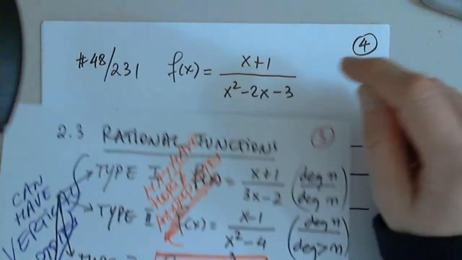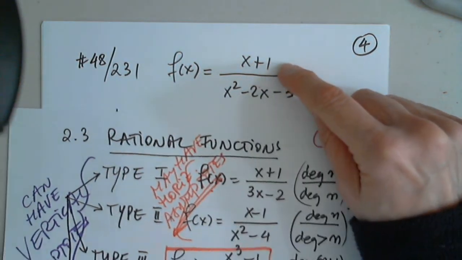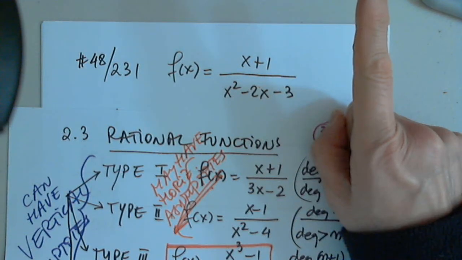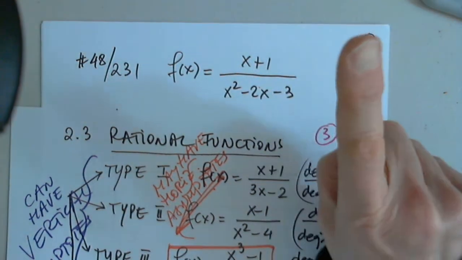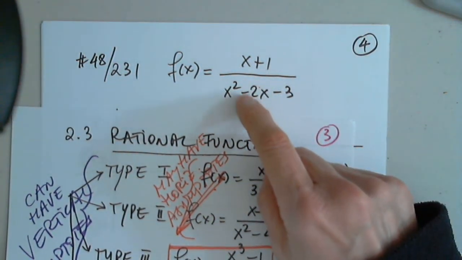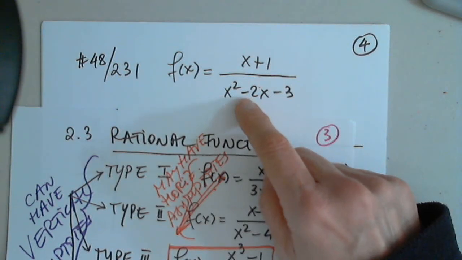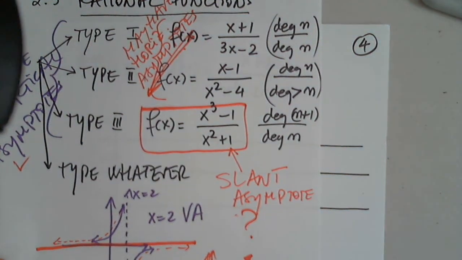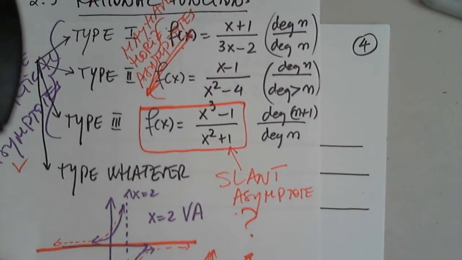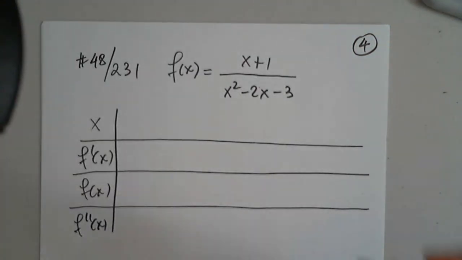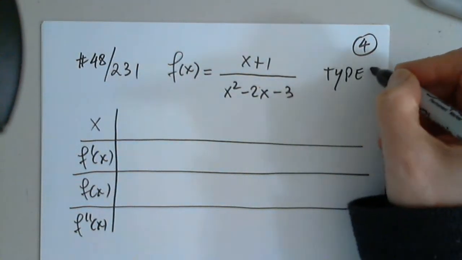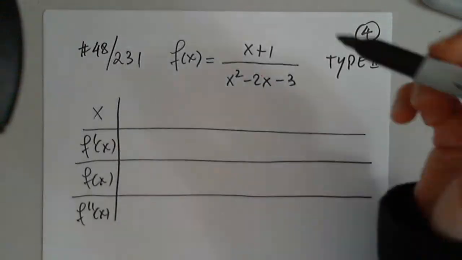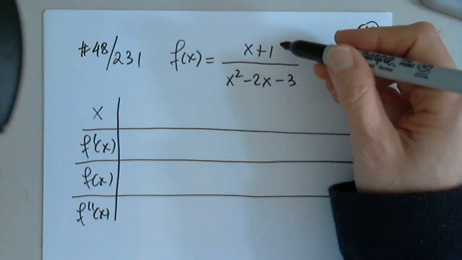So, what is the degree of the top? 1. Thank you. What is the degree of the denominator? 2. Okay. Which one has that situation? Type 2. Exactly. Very good. So this is type 2. Good. Higher degree in the denominator than the numerator.